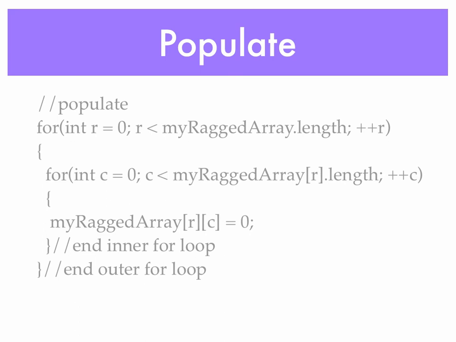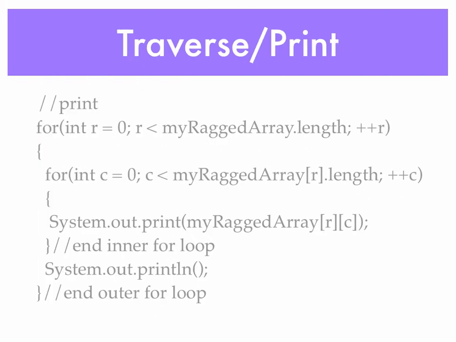I'm just populating this ragged array just as I did a non-ragged, because I'm using that length attribute. Now, here I'm just traversing and printing a ragged array, but I'm doing so using that length attribute, so I just go through it as I would a non-ragged, because that length attribute, that instance variable, will control how many elements I'm going to look at, so that I'll never have an array out of bounds issue.